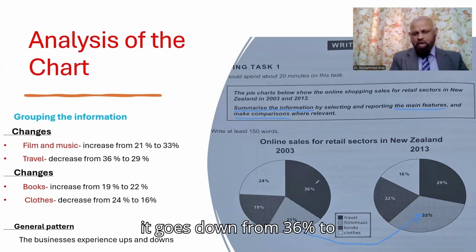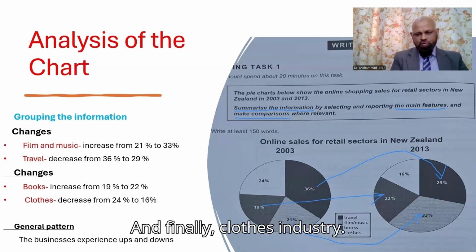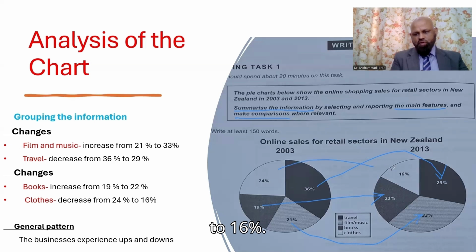It goes down from 36% to 29%. Now, if you look at the books here, it increases from 19% to 22%. And finally, the clothes industry, again, it dips from 24% to 16%.